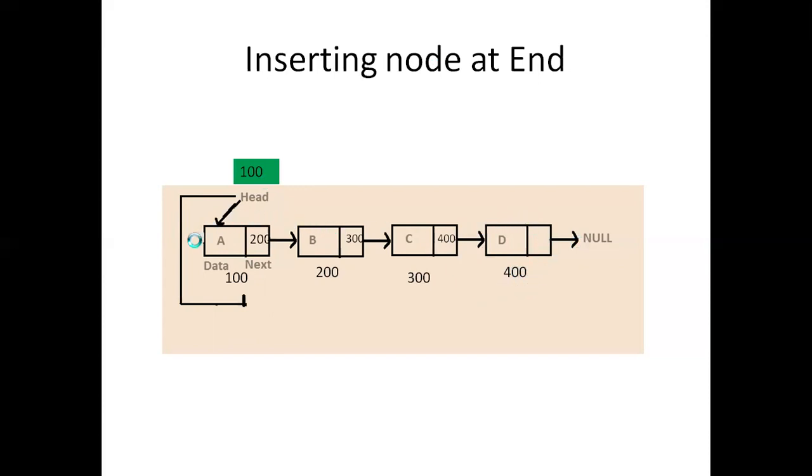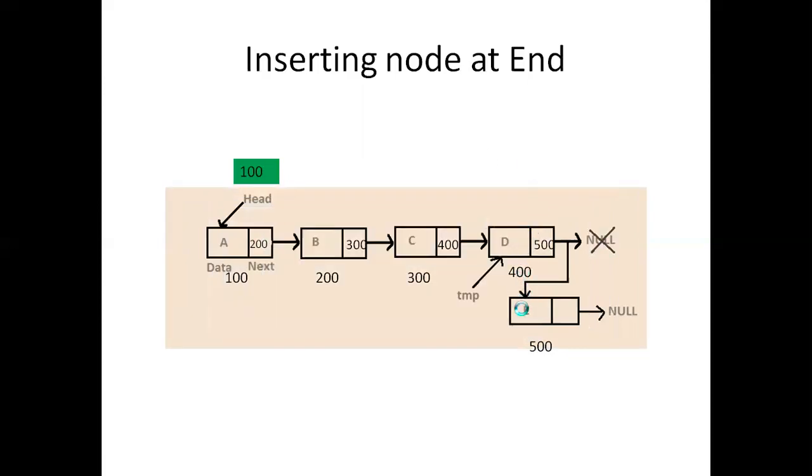By using a while loop, we can travel the entire list until 400 next is equal to null. There we can insert our new node. Suppose 500 is the new node, then 400 next is equal to 500. That is the way we can add a node at the end position.